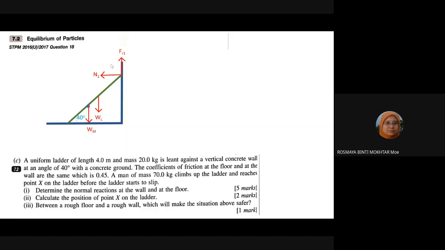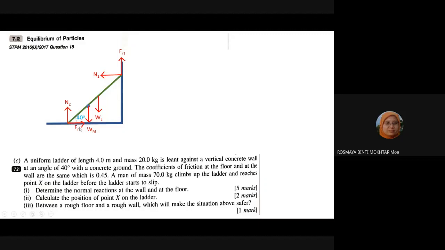The reaction is at a slanting angle. The reaction at the floor is also the same: friction on the surface, and normal. Normal is always perpendicular to the surface. So the reaction will be slanting somewhere here.